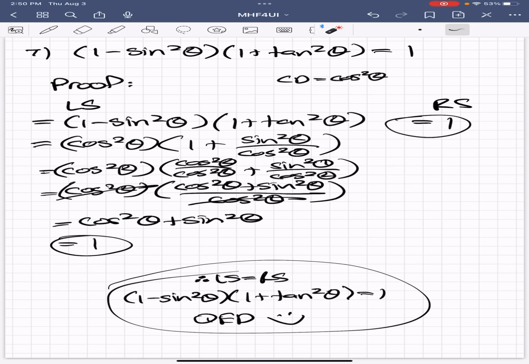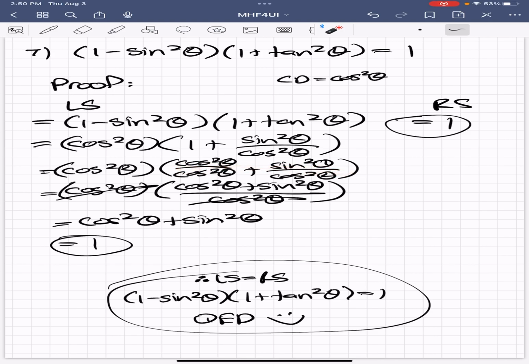And then we have tan to the power of 2 theta, which is just sine over cos, but to the power of 2. And then we created common denominators with the 1. And then we got cos 2 theta plus sine 2 theta all over cos to the power of 2 theta.